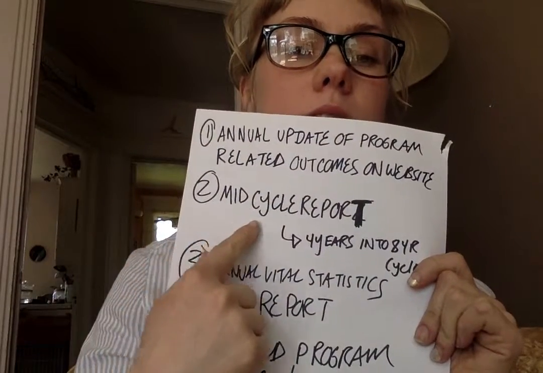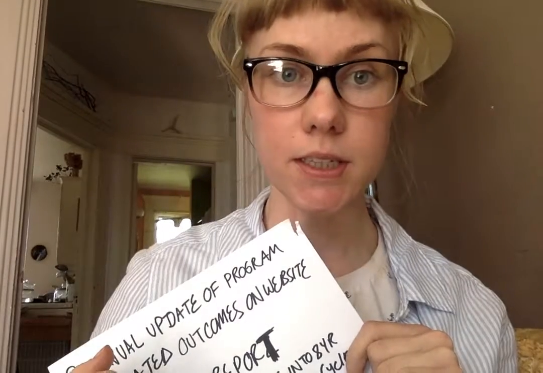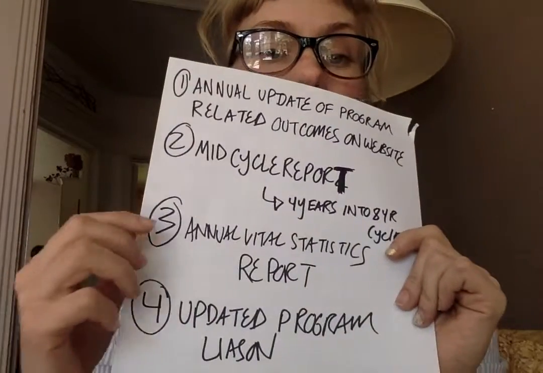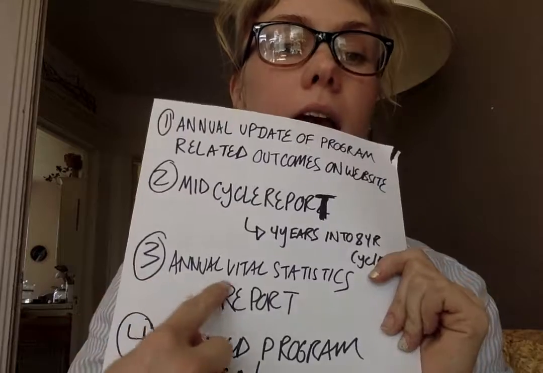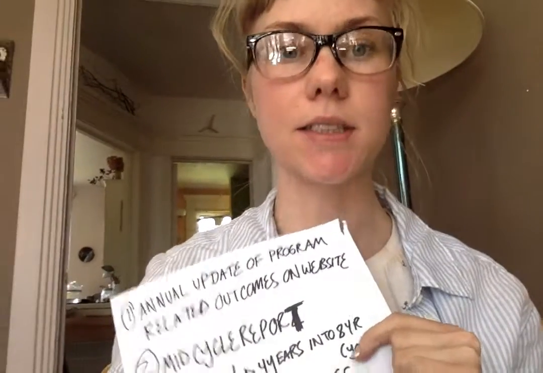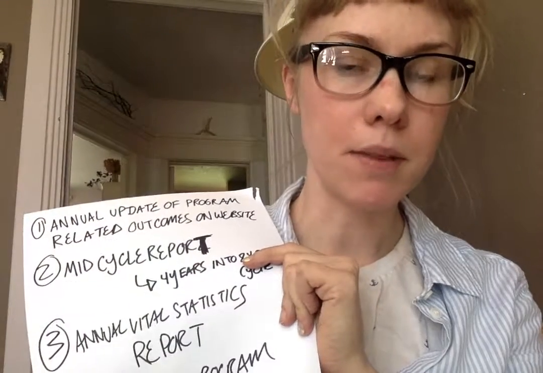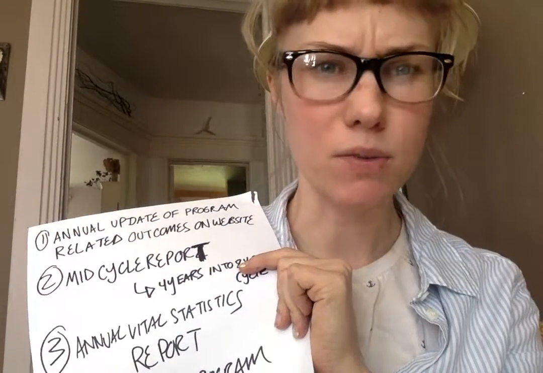Second, there's a mid-cycle report we have to do 4 years into the 8-year cycle. Third, we have an annual vital statistics report. Pretty easy. It's basically a list. And then last is we have to update our program liaison and also pay our fees every year, obviously.